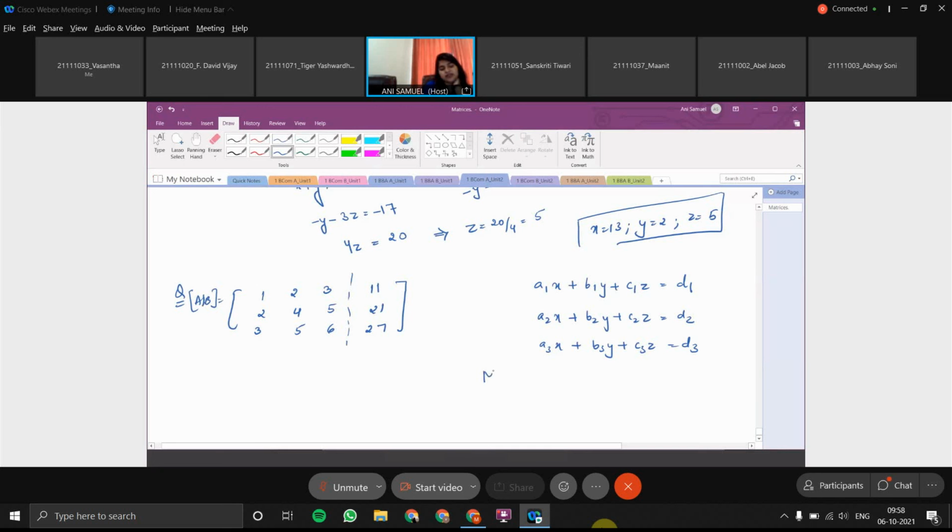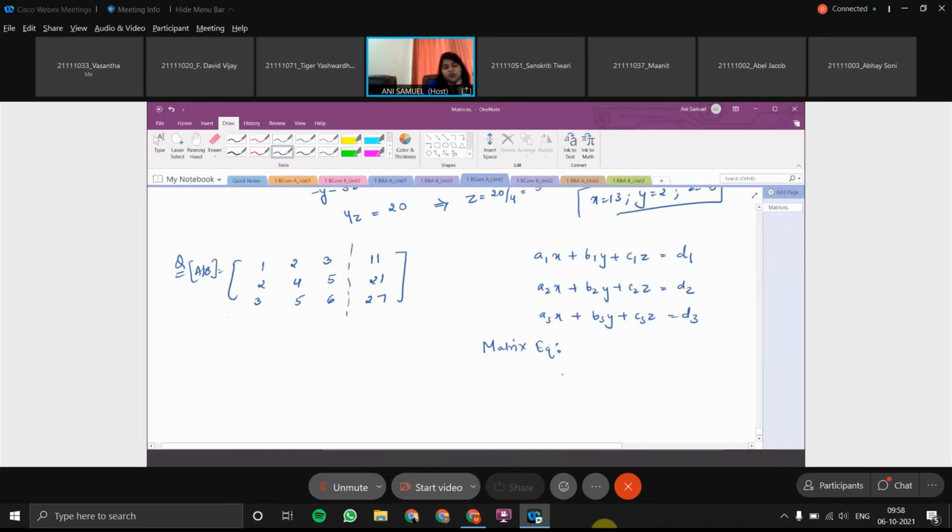First step is to write the matrix equation. It is of the form Ax is equal to B, which is A1, all values of the first equation together in one single row, A2, B2, C2, D2, A3, B3, C3, D3.